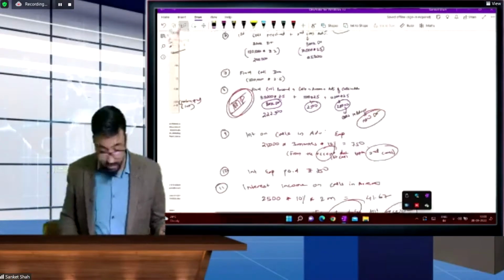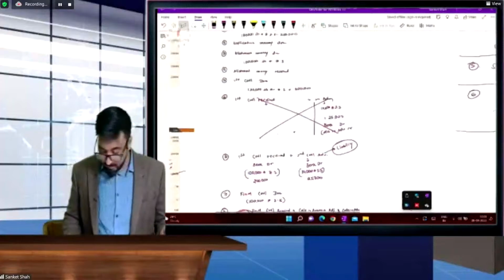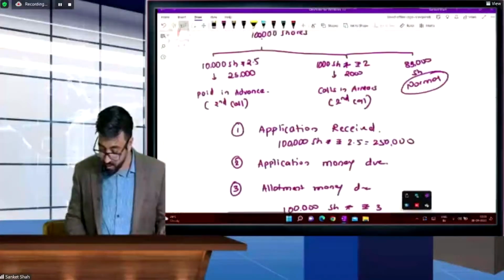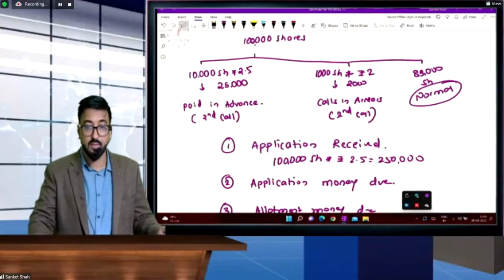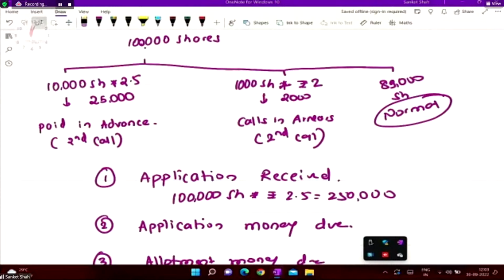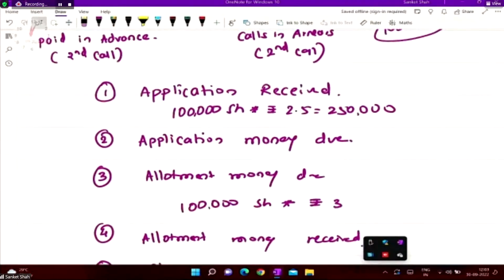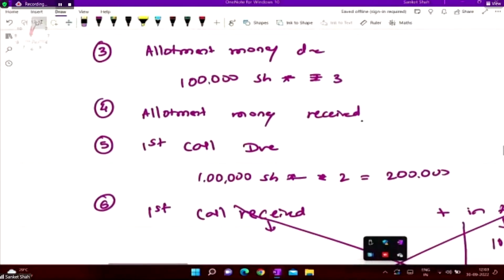Yes. Now you want to take a screenshot, beta? Yes. Now it's easy. Very good. Chalo, take the screenshot, sequence wise. Very, very important, na beta? Sequence is very important. Okay? 3, 4, 5.